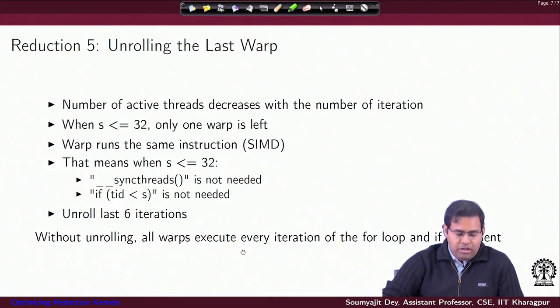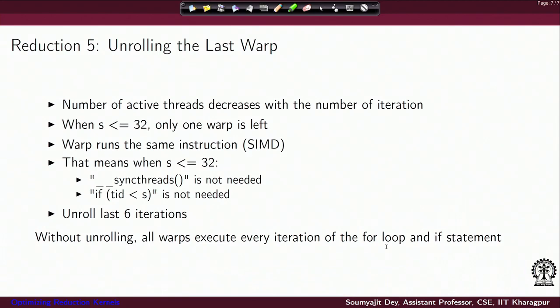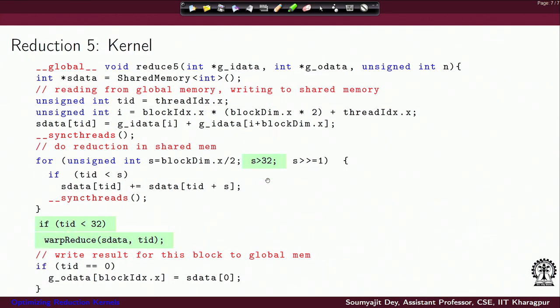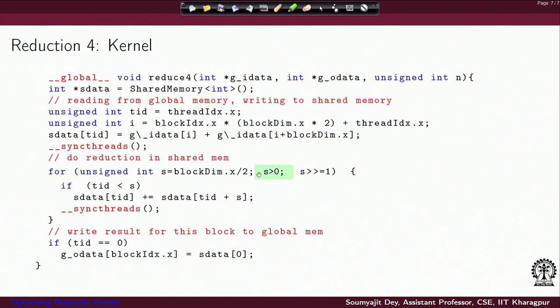Without the unrolling, all warps execute every iteration of the for loop and the if statement, and this is what we can remove by doing this unrolling operation. Just recalling what we had in reduction 4, in every loop iteration we were checking this condition, and now we want to remove it. Earlier this loop was executing while stride was greater than 0.